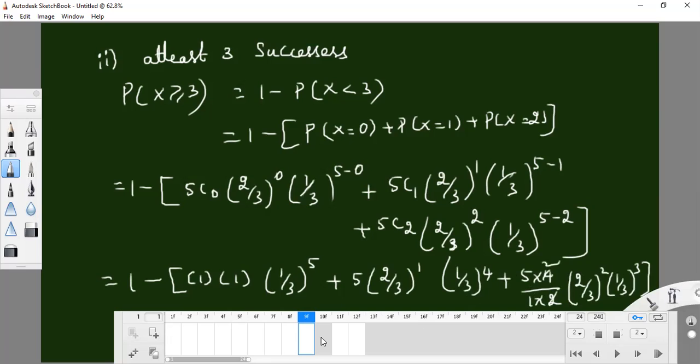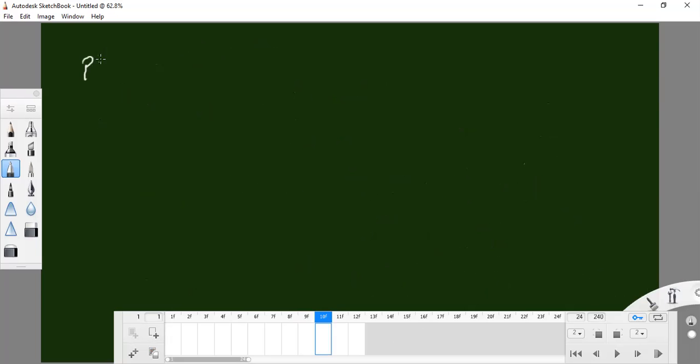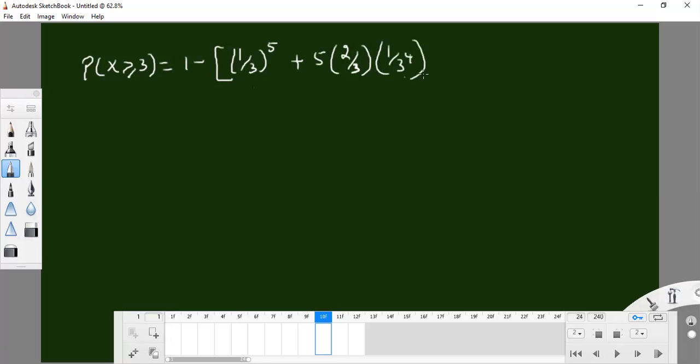So it gives 1 minus P of x greater than or equal to 3 equal to 1 minus 1 by 3 the whole power 5 plus 5 into 2 by 3 into 1 by 3 the whole power 4 plus 10 into 2 square by 3 square into 1 by 3 cube.